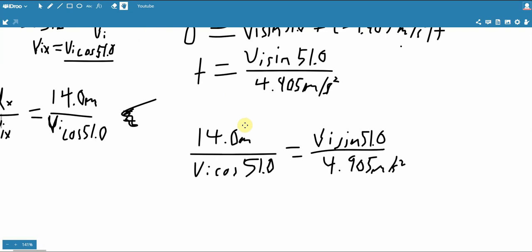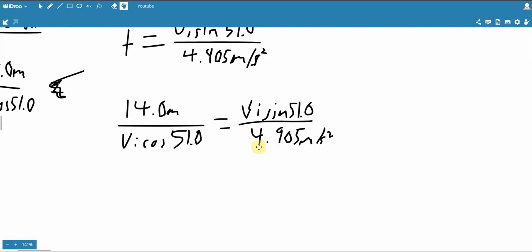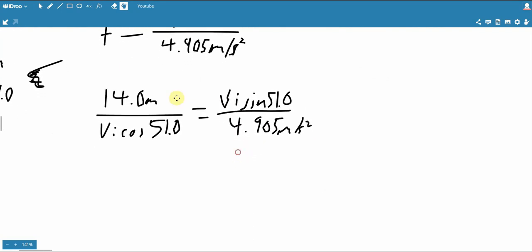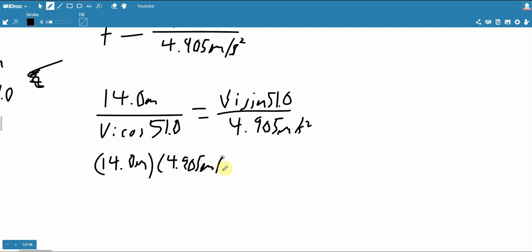So now we can cross multiply, move the VI's both to one side. So we have 14.0 meters times 4.905 meters per second squared equals VI squared.